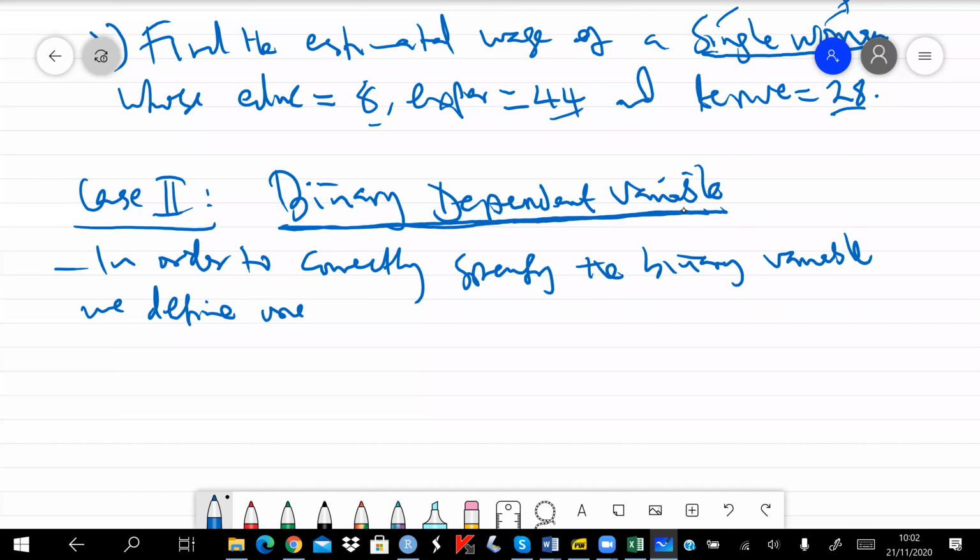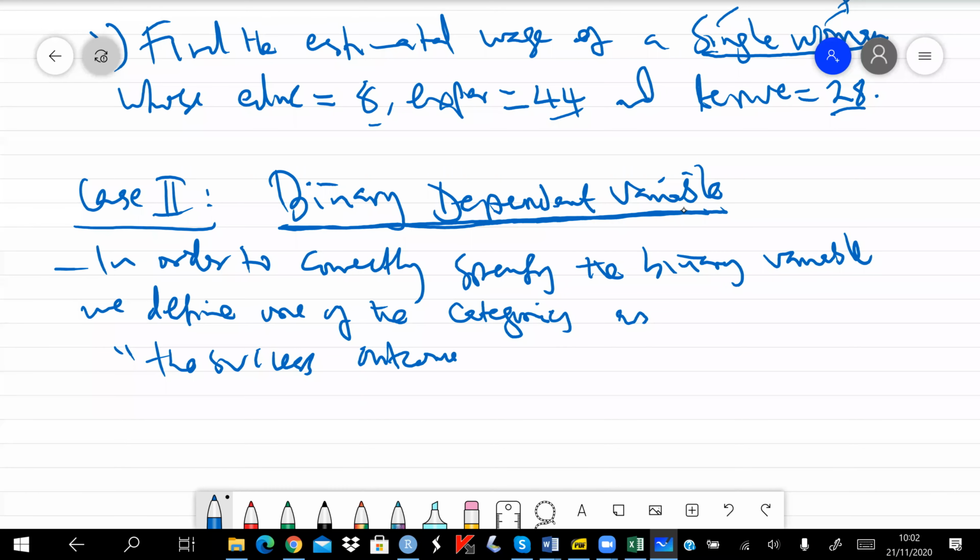We define one of the categories as what we call the success outcome, which takes the value 1.